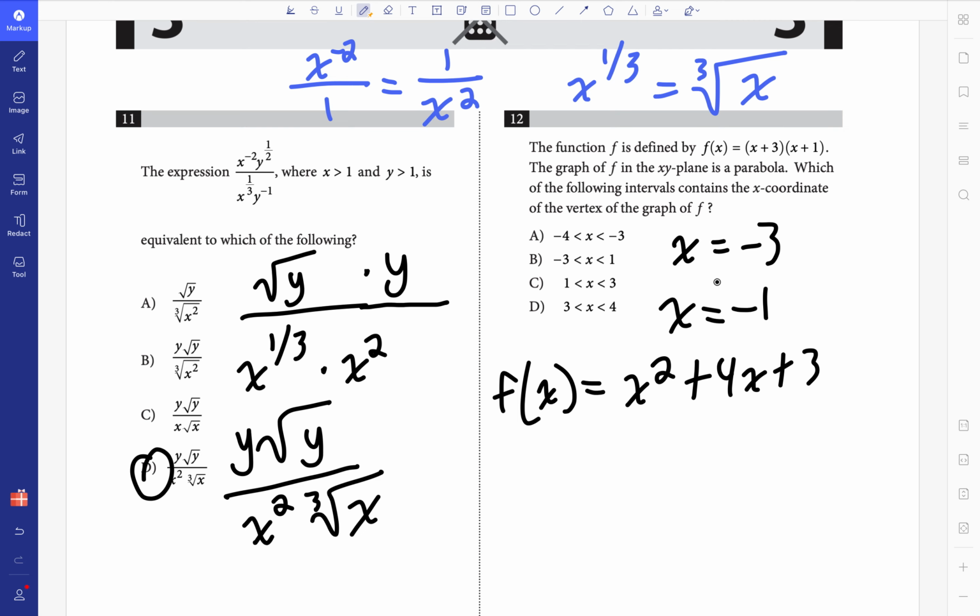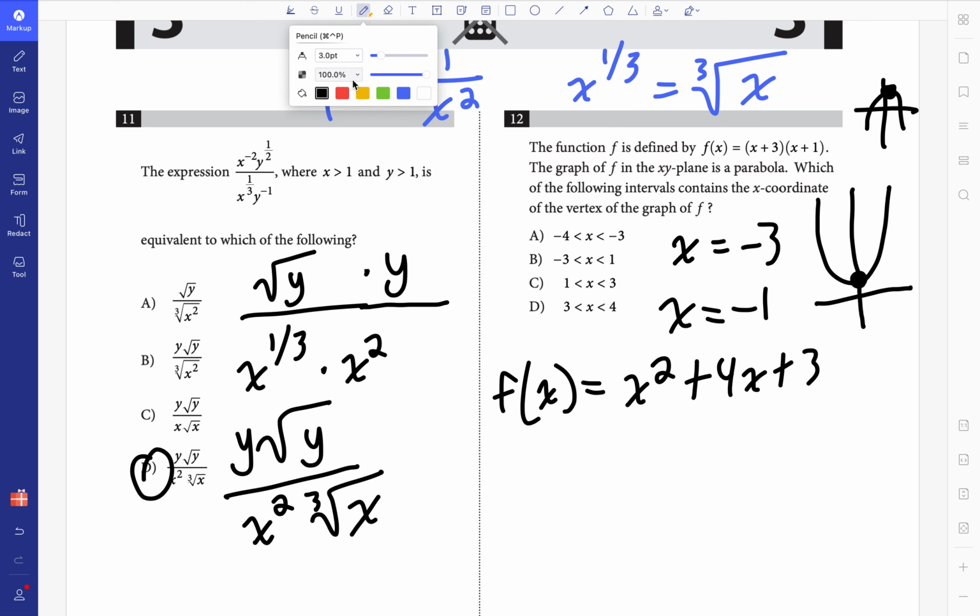And okay. So the vertex of this parabola would be at this point, and let's look at this graph. The vertex would be at this point, so basically the highest or lowest point essentially.